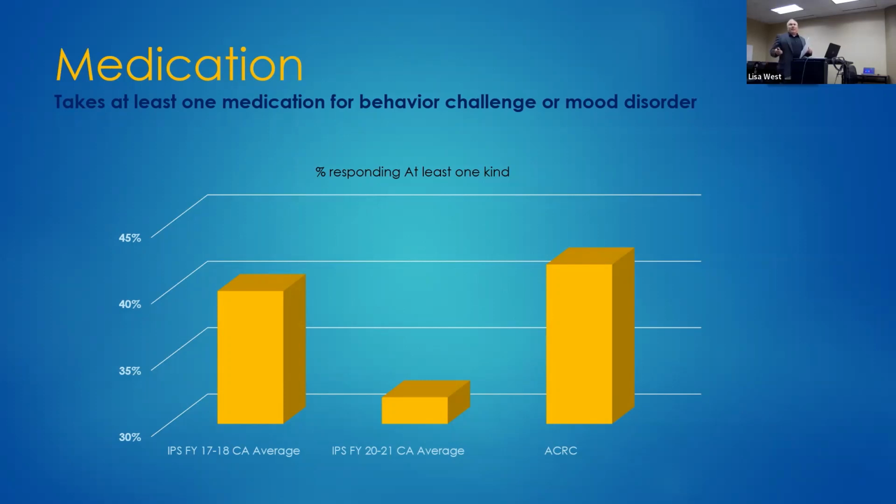By categorizing this, and by the way, we did not choose the categories. The data was presented to us in a form that labeled things as either positive or negative, depending on the responses. It was considered negative if someone was taking a medication for behavior challenge or mood disorder.